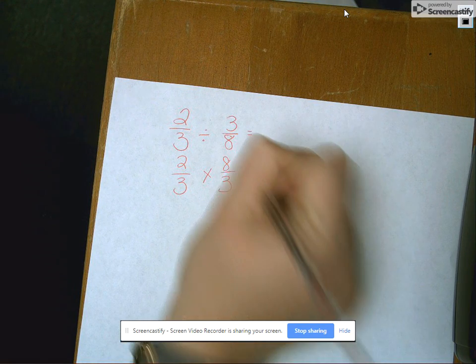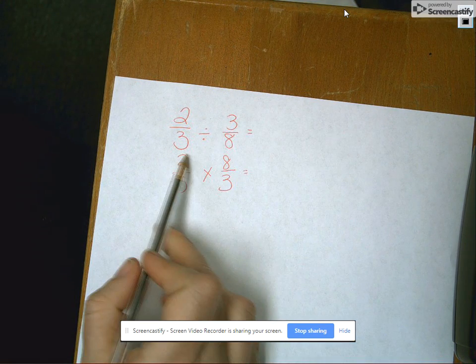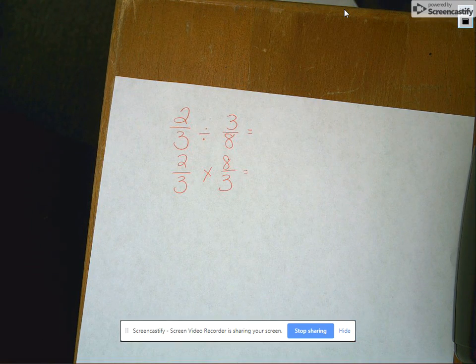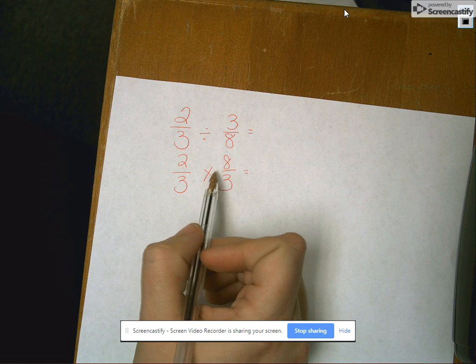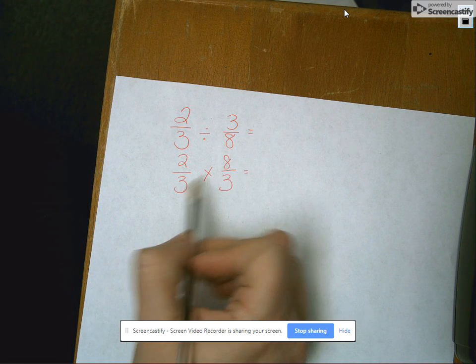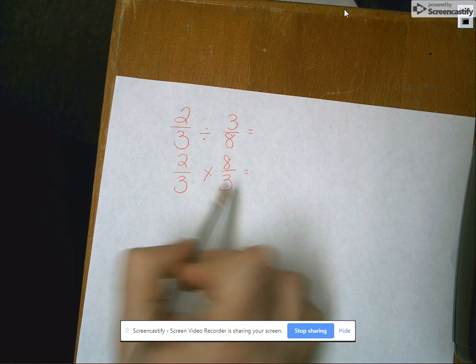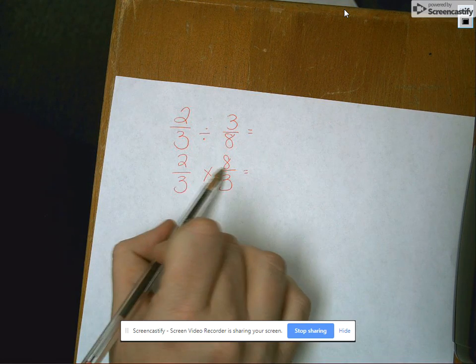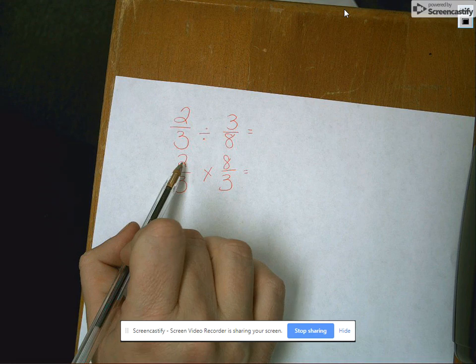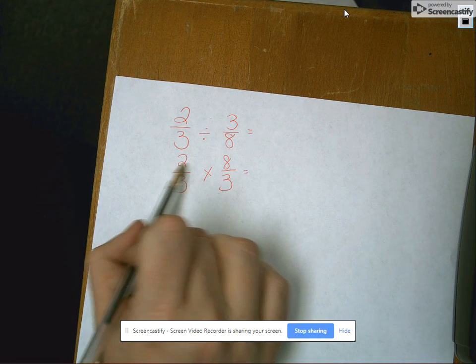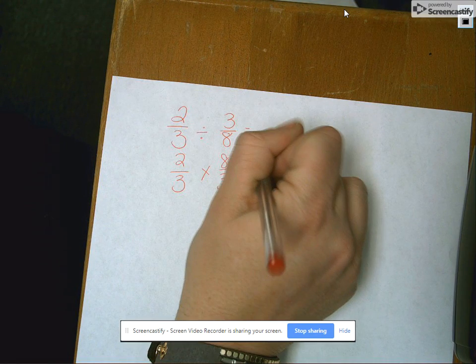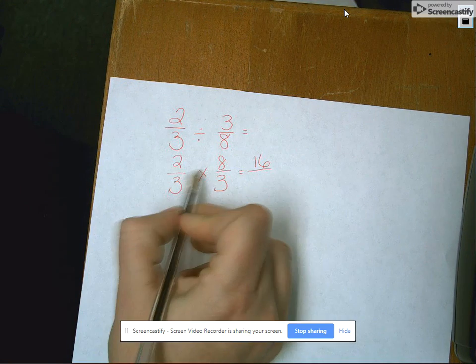Now I look to see if I can cross divide anything. I cannot, because nothing goes into 3 and 8 and nothing goes into 2 and 3. So now I'm just going to multiply straight across. 2 times 8 is 16. 3 times 3 is 9.